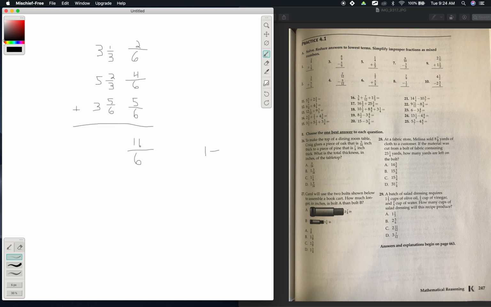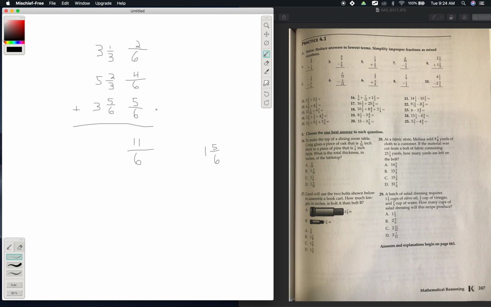So above 6, how many do we have? We have 7, 8, 9, 10, 11. So we have 5 extra, okay? So if this was the number in itself there, we would just go 5 over 6, okay?